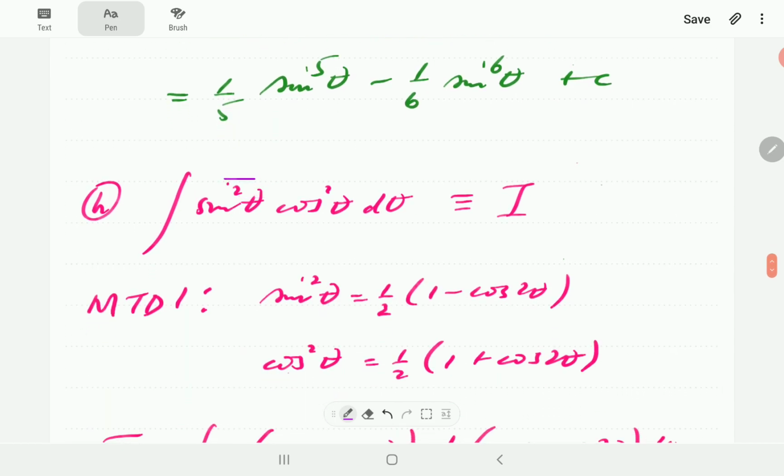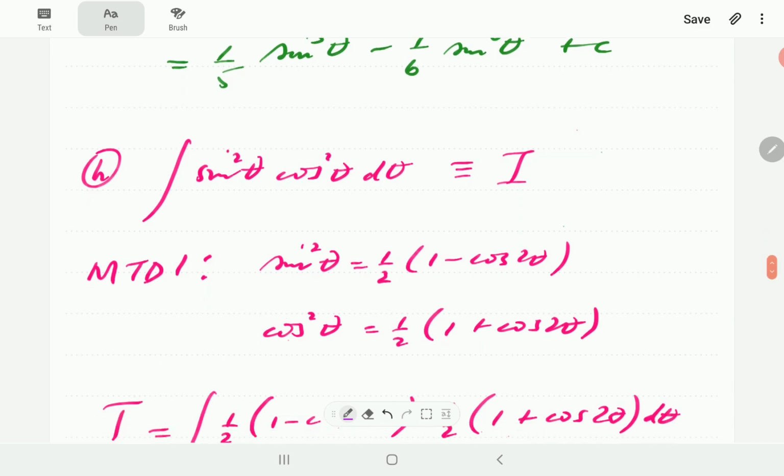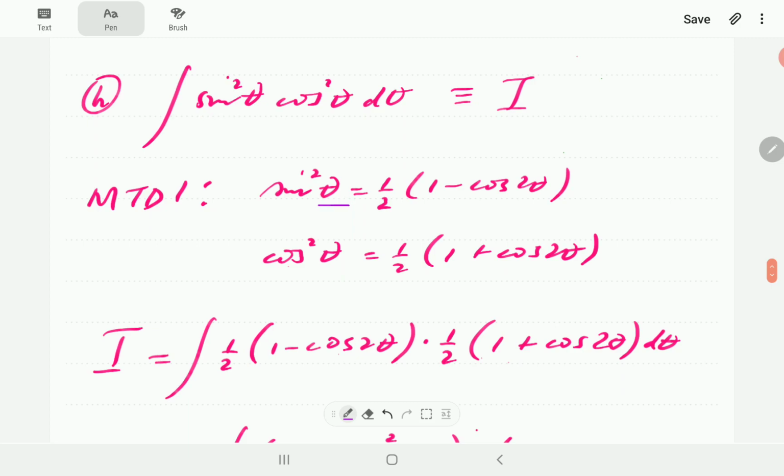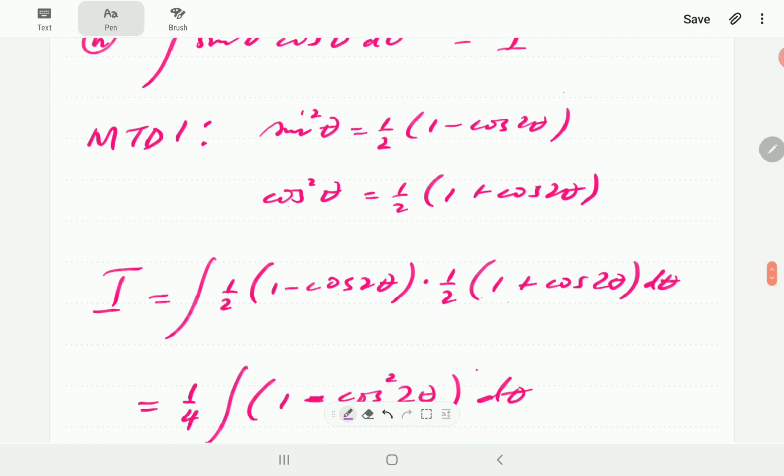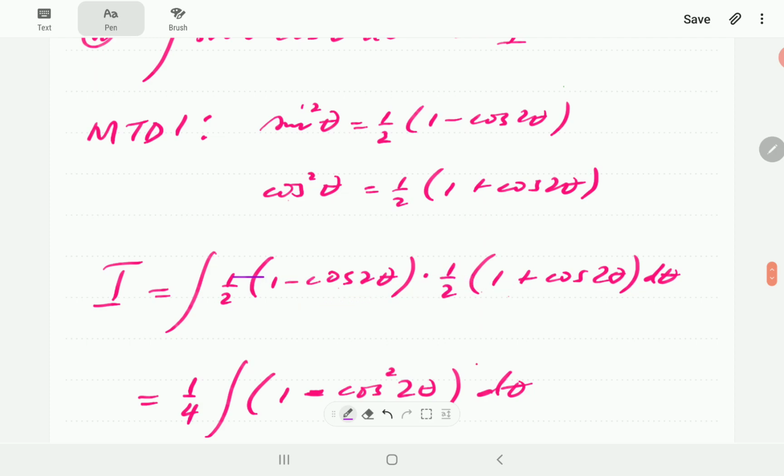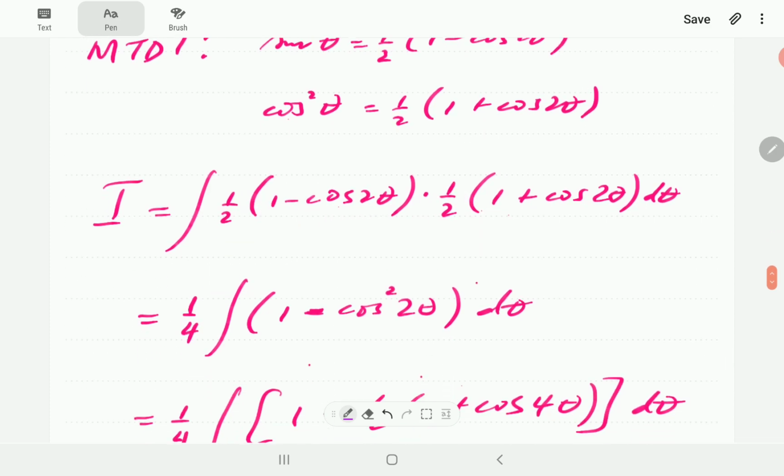For H, both the powers are even, so we're going to have to use the double angle formulas. We've got sine squared, which is 1/2 into 1 minus cosine 2 theta, and cosine squared, 1/2 into 1 plus cosine 2 theta. Plugging these here, 1/2 and 1/2 gives us 1/4.